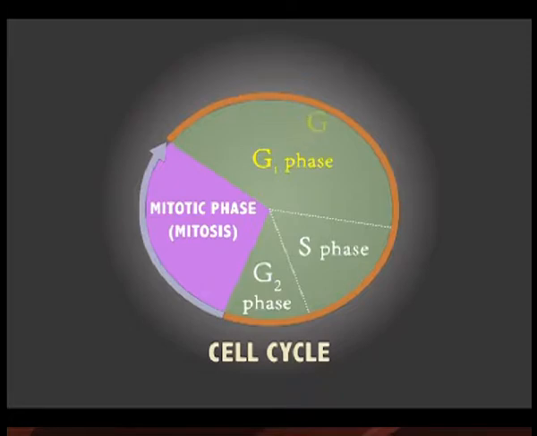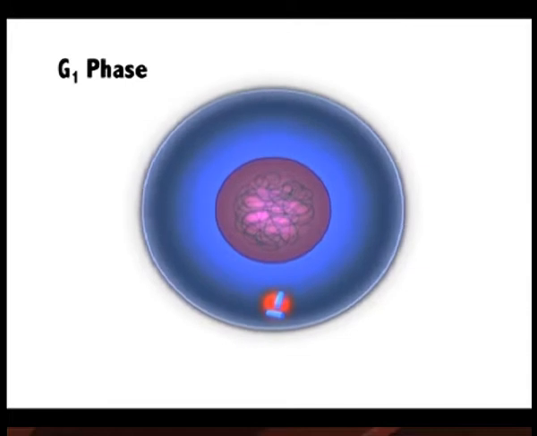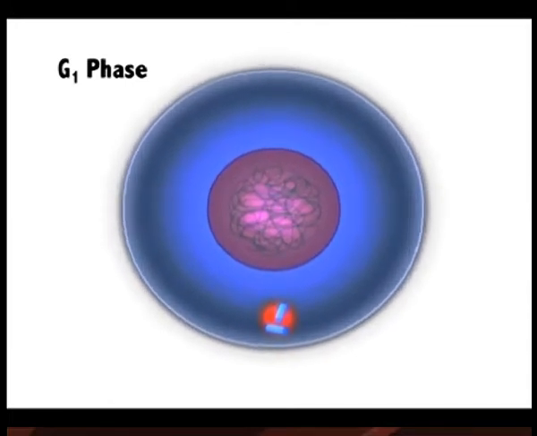G1 phase. G stands for gap. It is the most variable period. It may last days, months, or years, depending on external conditions and extracellular signals from other cells. In human beings, it takes about 9 hours.